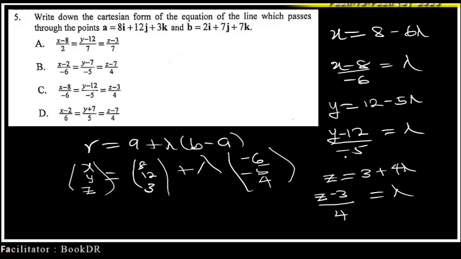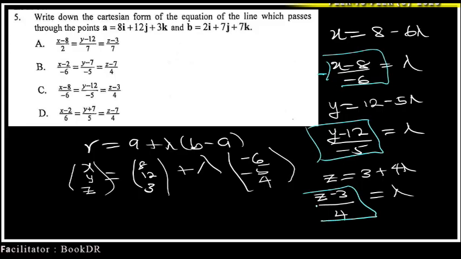So since all these expressions are equal to lambda, we can equate them together to form the Cartesian form of our vector equation. So let's look at the alternatives and see which one has these three forms. The first one should be x minus 8 over negative 6.